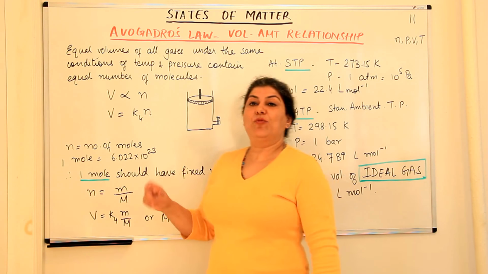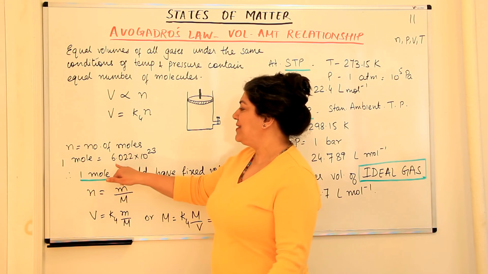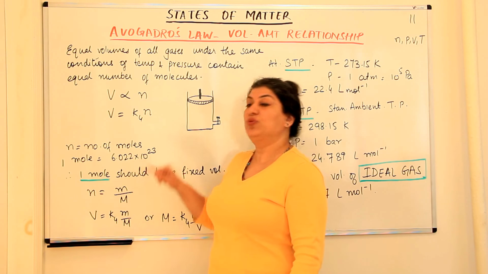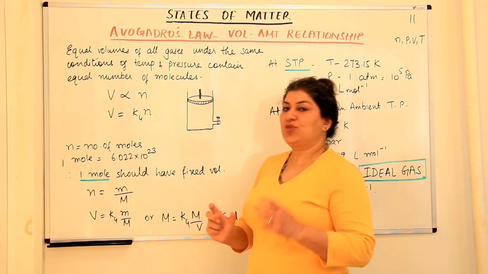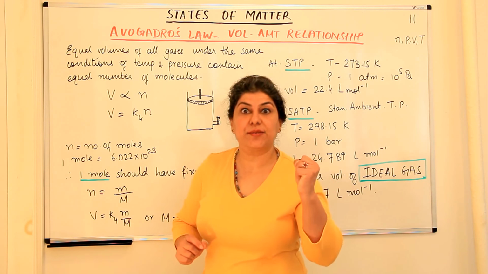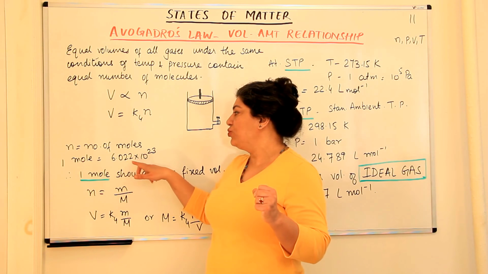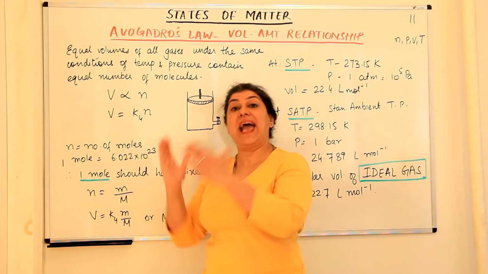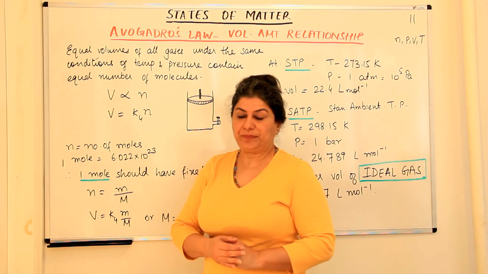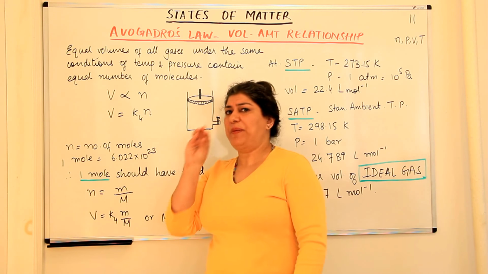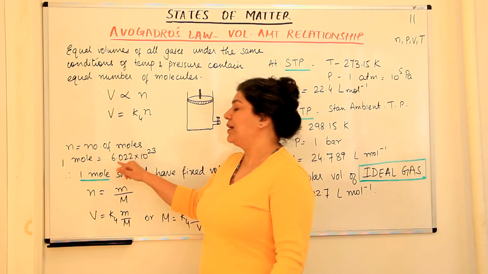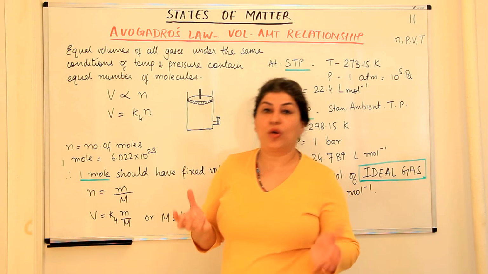If I say 1 mole of electrons, it means 6.022 × 10^23 electrons. If I say 1 mole of hydrogen atoms, it means 6.022 × 10^23 atoms of hydrogen. So, a mole, just like a dozen, is a specific number of the particles or the entities that we are talking of.